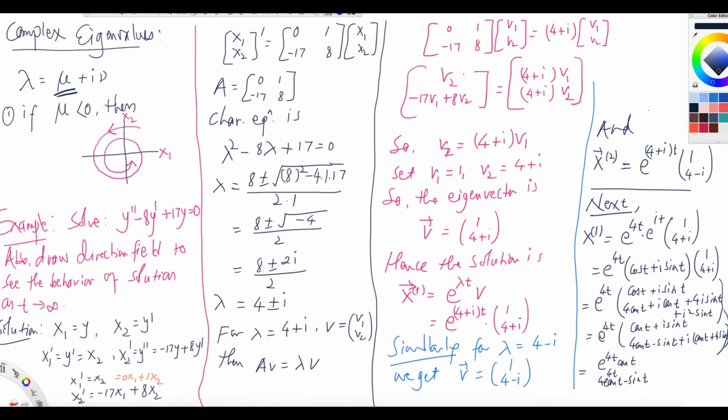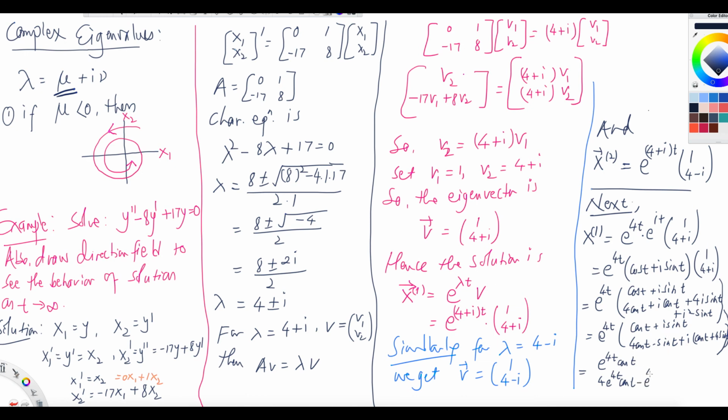Let me write that nicely. So 4 e to the 4t cosine of t. I'm multiplying this with all these terms, but I'm writing it as the sum of two matrices, one without i and the other with i.